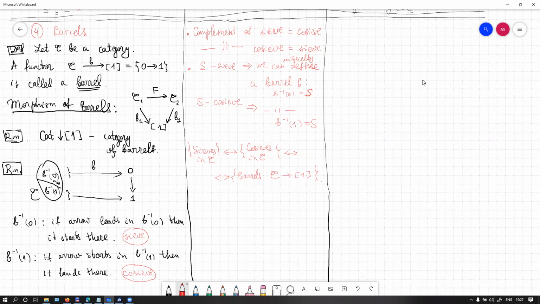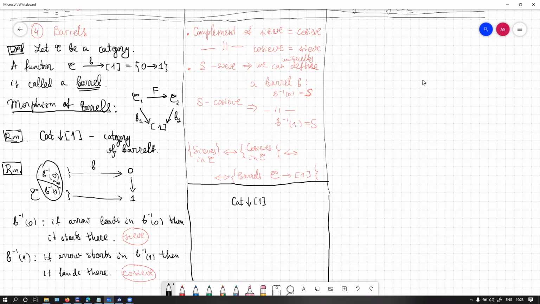Okay. So now let's talk a little about what an internal structure is, and what the relation of the category of barrels with other categories is. When we have the category of barrels, it's a comma category, but a specific one, as barrels, as I said before, define sieves and co-sieves, and sieves and co-sieves are both categories.